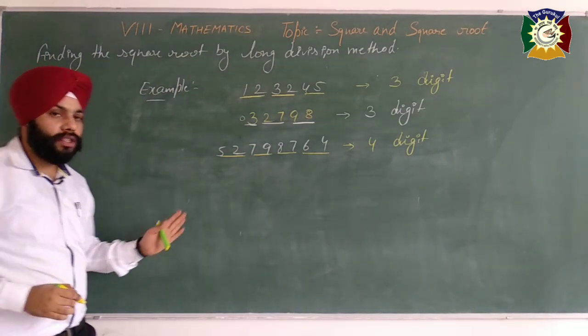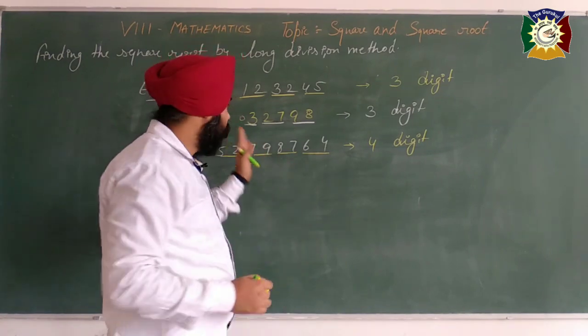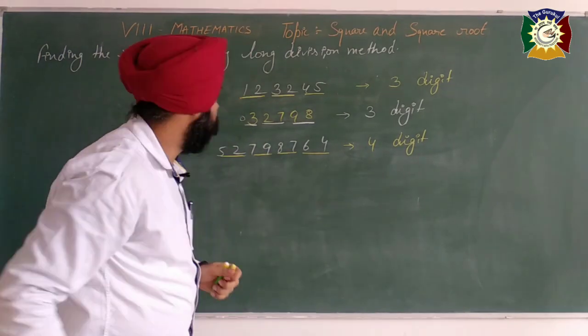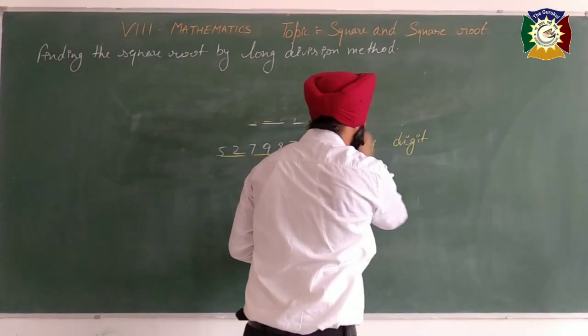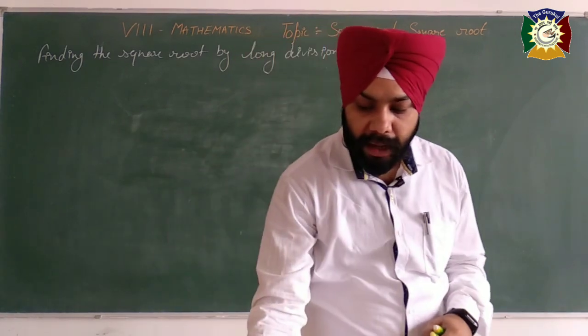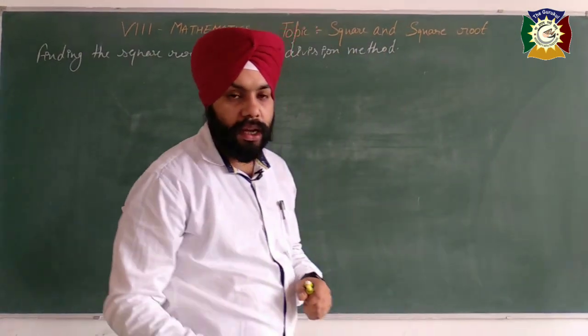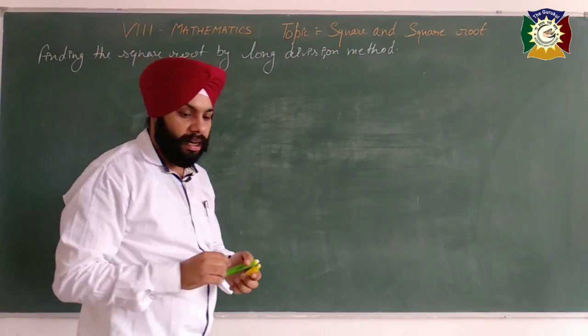These are examples of how to find the number of digits in the square root of a given number. Now after that we have to perform the long division method, and find the square root of a given number by the long division method.